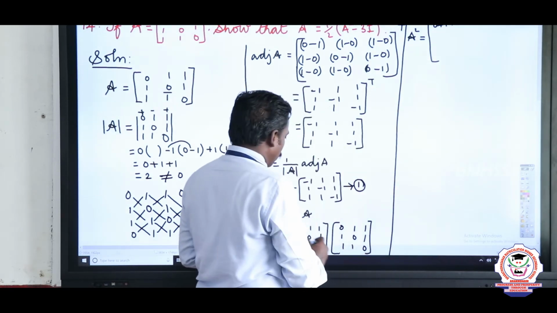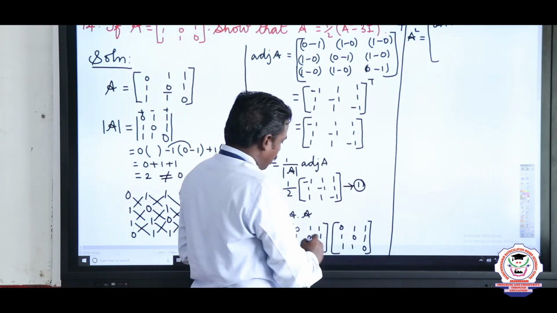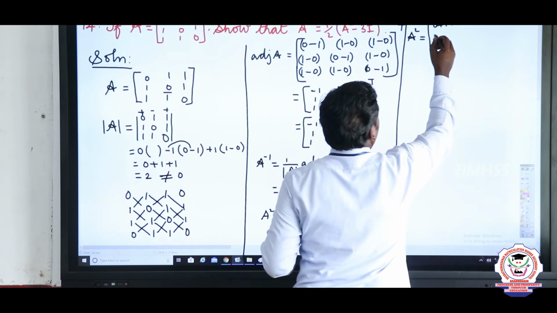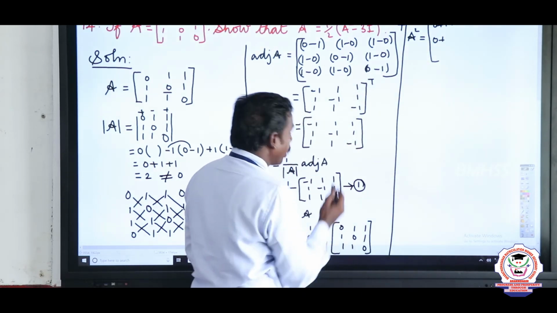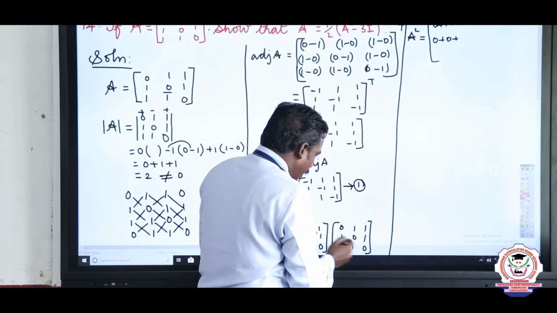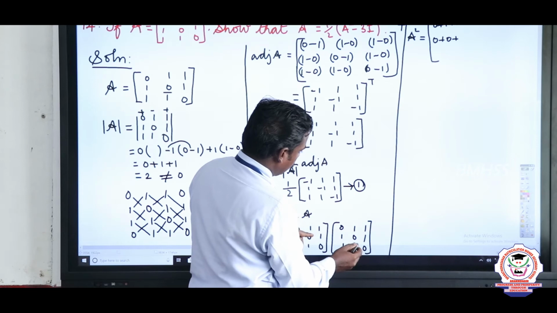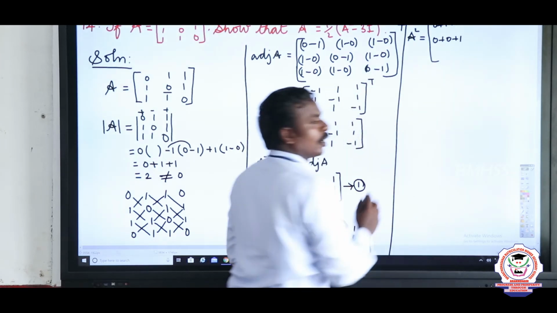In the second row operated on first column, the similar method. 1 into 0 is 0 plus, now listen, 0 into 0 is 0 plus 1 into 1 is 1. So second row, first column over.